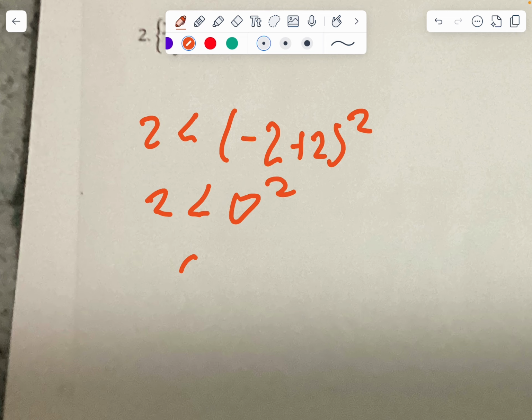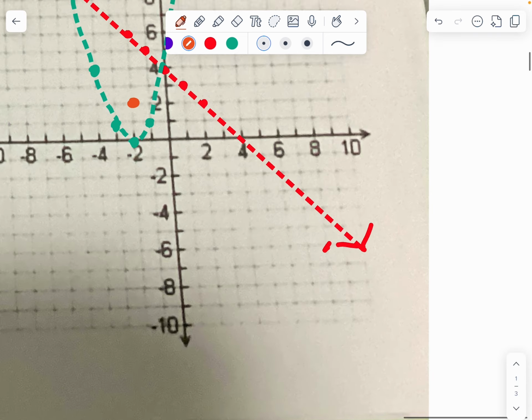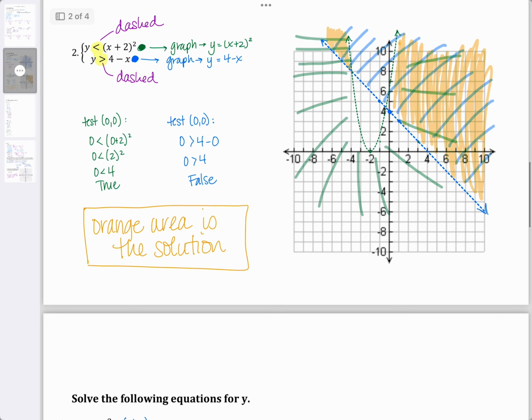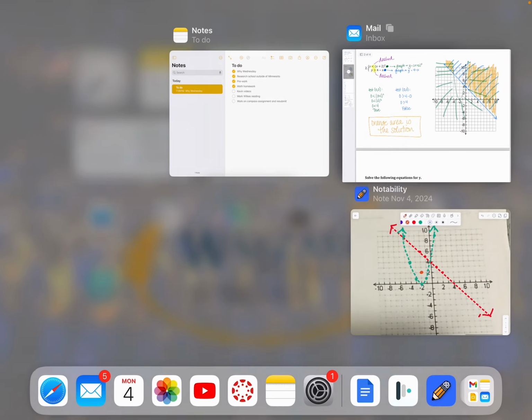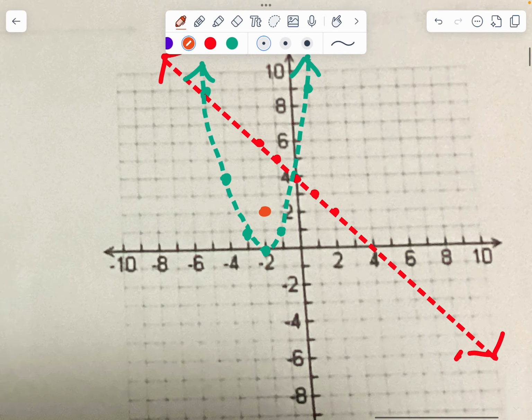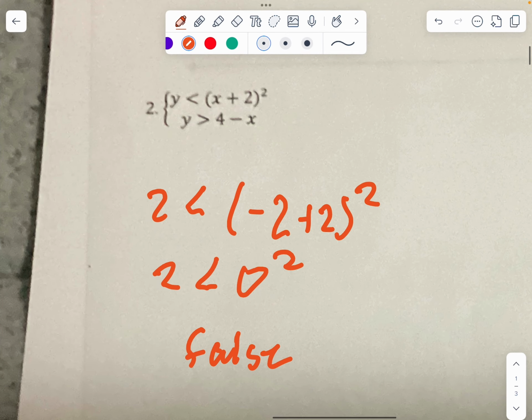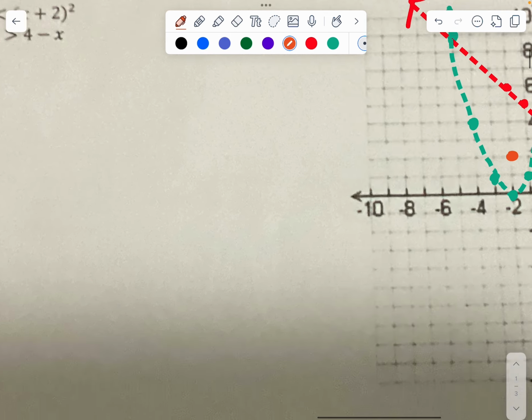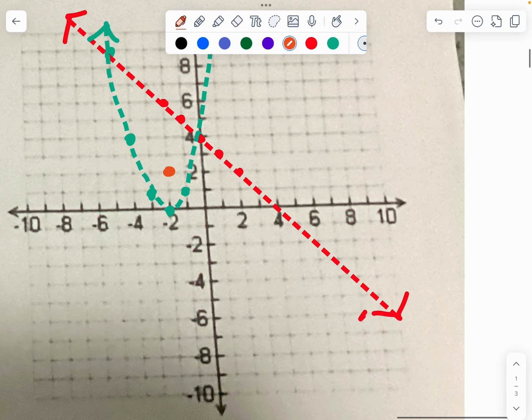This is false. So I know this is the wrong part to shade in. Alright, it's not going to be in there.